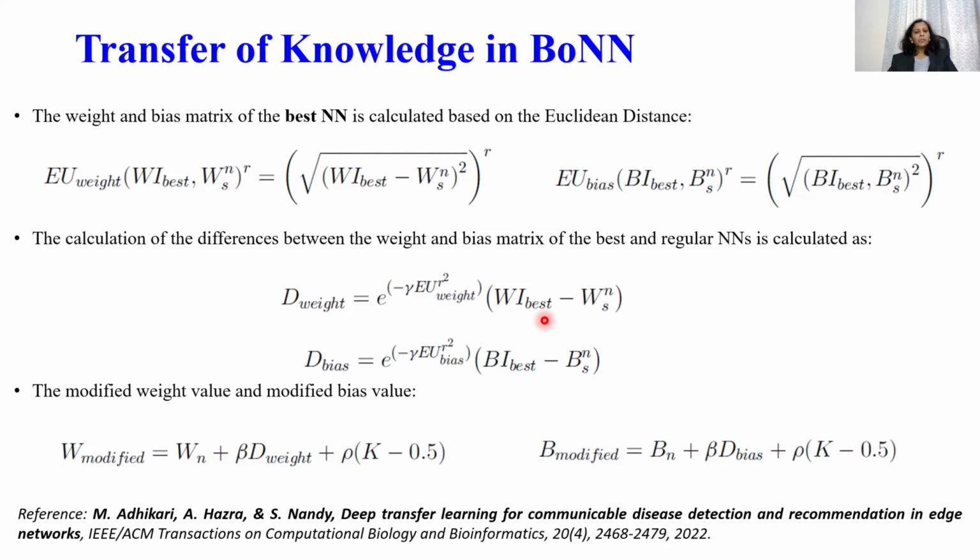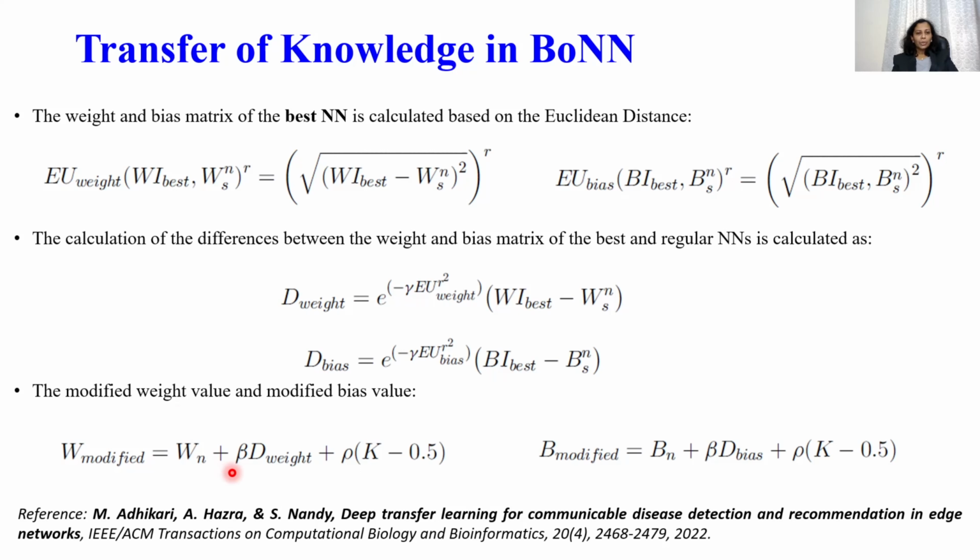Next, the difference between the weight and bias matrix of the best and regular neural networks is calculated. Here, gamma is a constant. The value of this constant lies between 0 and 1. Next, the modified weight value and the modified bias value are calculated.